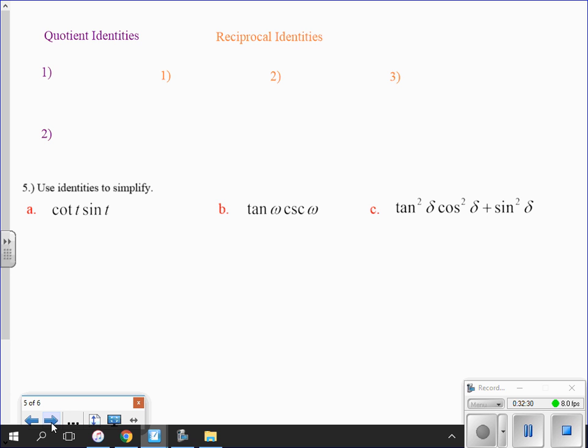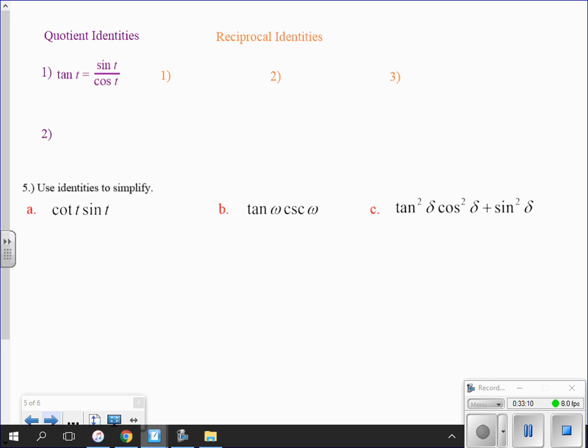Quotient identities. In trigonometry, you have your basic trig functions. The most basic trig functions are sine and cosine. Sine and cosine are your 2 basic trig functions. All the other trig functions are properties of sine and cosine. So you have 2 of them that are quotient identities. The tangent of an angle is equal to the sine of the angle over the cosine of the angle.